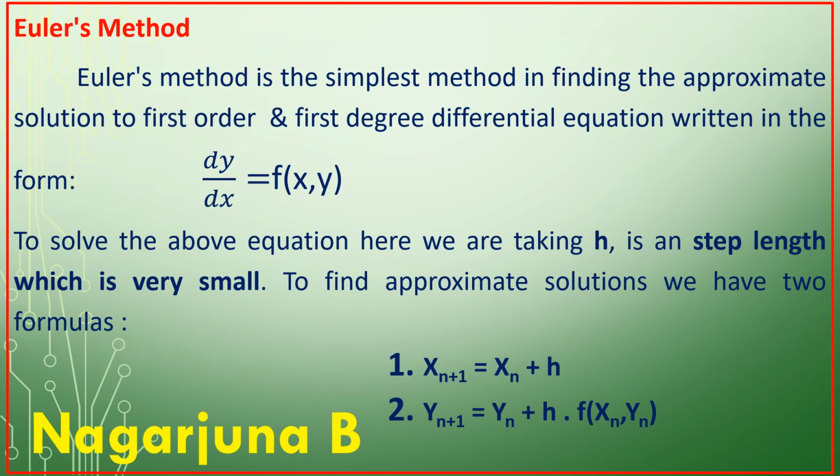And from the question itself we will be getting the values of h, x naught and y naught. Based upon that and using these two formulas, we shall find the solution to a first order first degree differential equation of the form dy by dx is equal to f of x comma y.